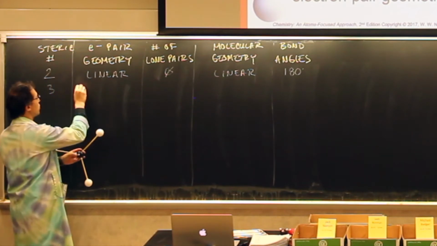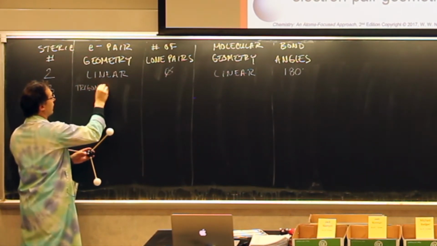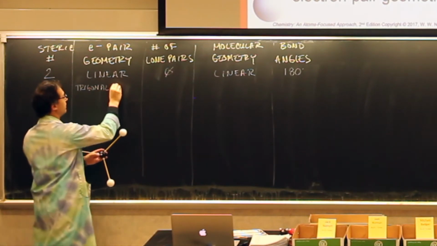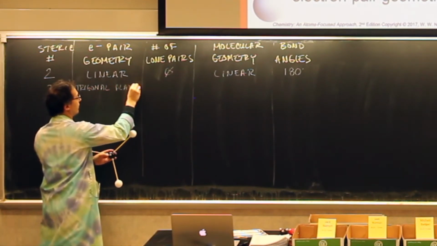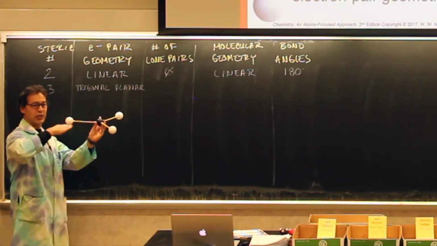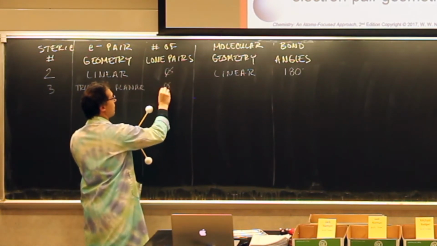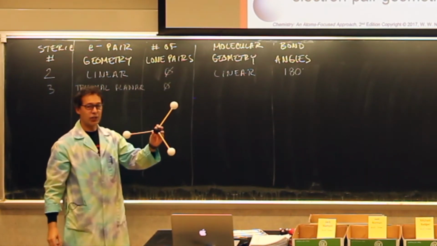So this becomes trigonal planar, so 3 on the same plane. Trigonal planar, no lone pairs, and so our molecular geometry is the same.